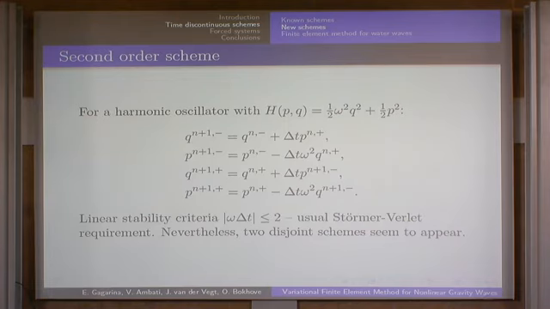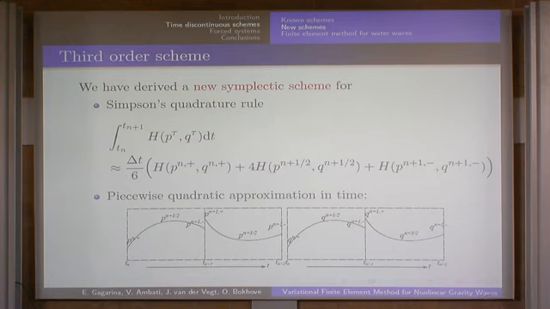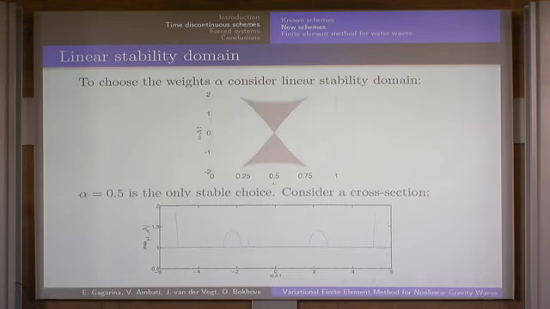So not really impressive, but actually we managed to make another novel scheme. We took a 3-point Simpson quadrature rule and then quadratic approximations. We didn't quite know how to choose the weight, alpha. Then we considered the linear stability analysis, and you see that the only region where we can consider very small delta t is alpha equal to 1/2.